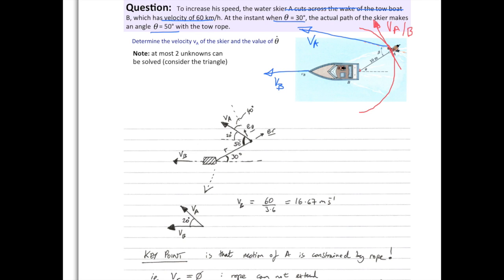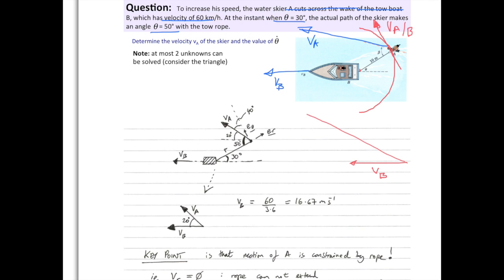And once you know this vector and these other two vectors, the question becomes a lot simpler, and we can understand the motion by repeating these vectors in a separate diagram. So we have VB, then you have VA, and in relative motion you always have those two coming from the same point.